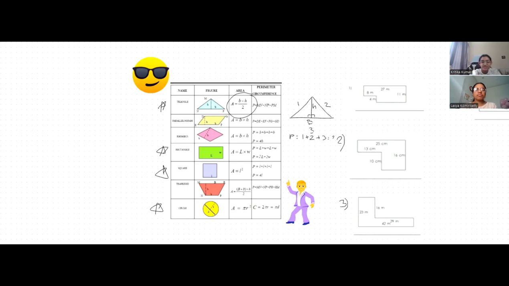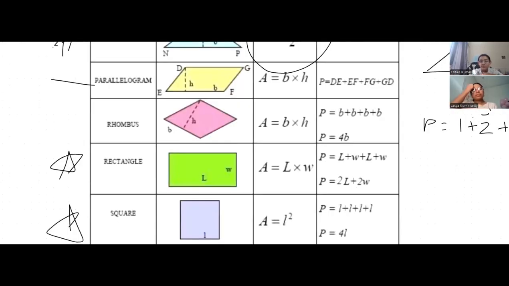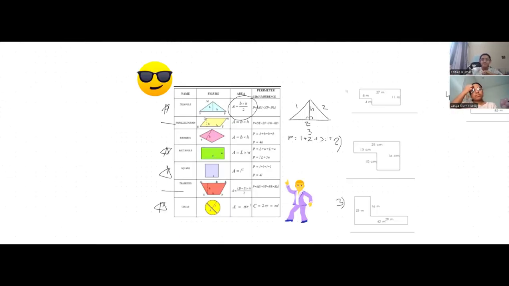For the area of both of them, it's just length times width, and since the square has the same side length, it's just going to be the side length squared. Another one that shows up a lot is the trapezoid and the parallelogram. The rhombus doesn't really show up that much, but it's good to always remember all of these. So keep that in mind.